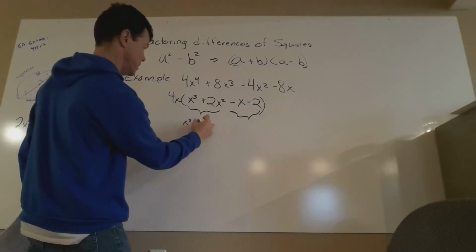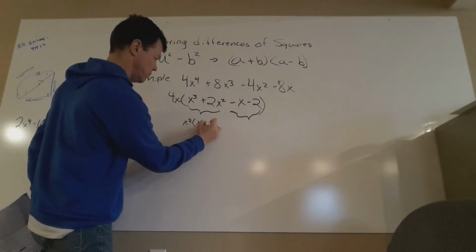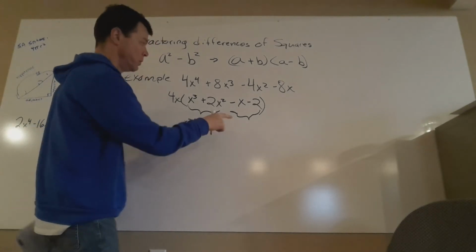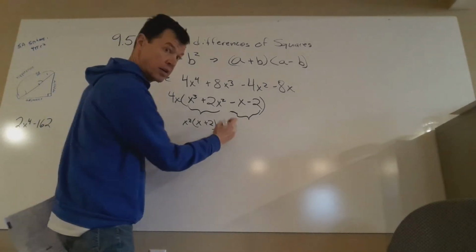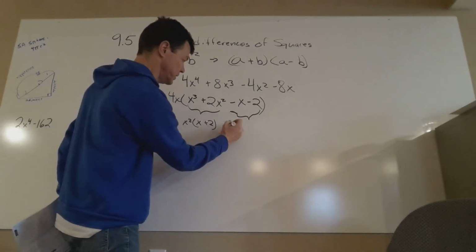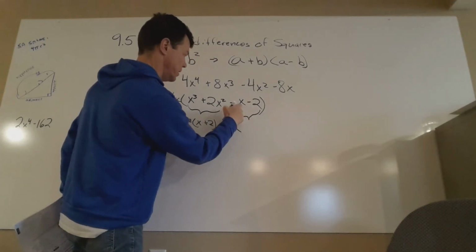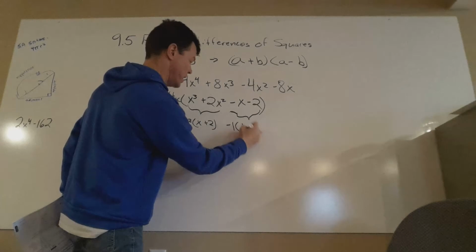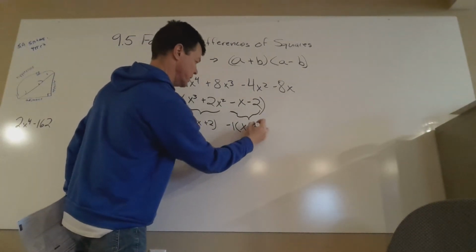Okay, and we're left inside with an x plus 2. We want to end up with x plus 2 on this side. So we need to factor out a negative 1 over on this side. Negative x divided by negative 1 is a positive x. Negative 2 divided by negative 1, positive 2.